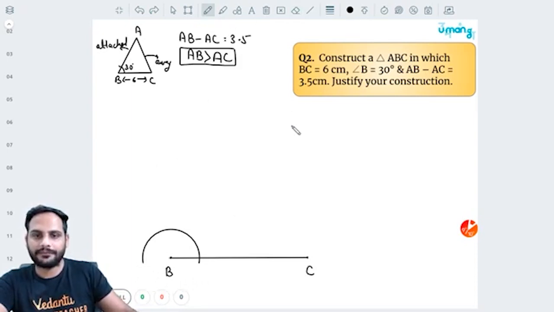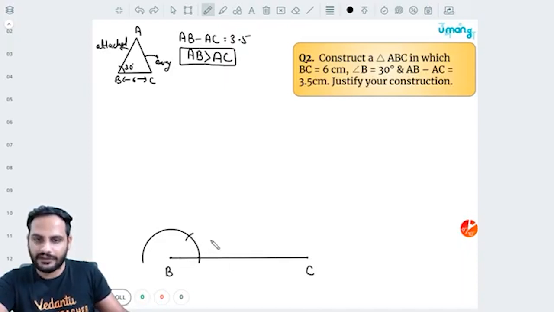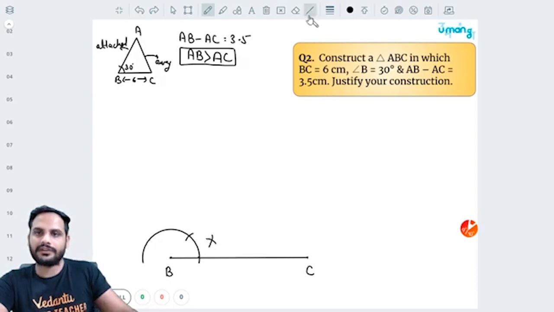Whatever compass length you have open, keep that same length. The first angle will be 60 degree. Now draw the bisector of 60 degree. One cut over here, another cut over here.